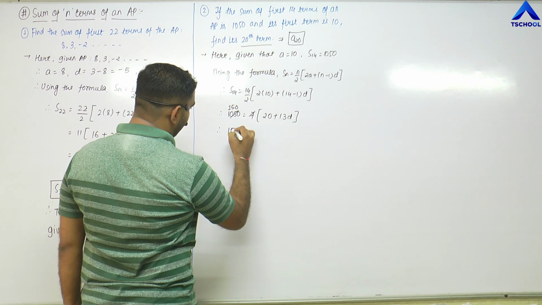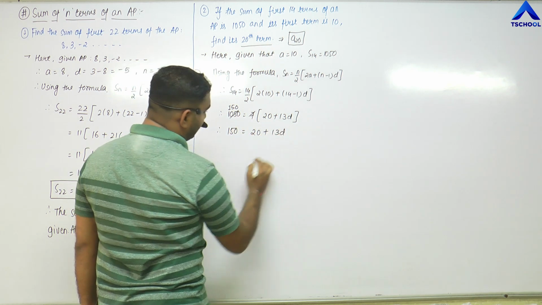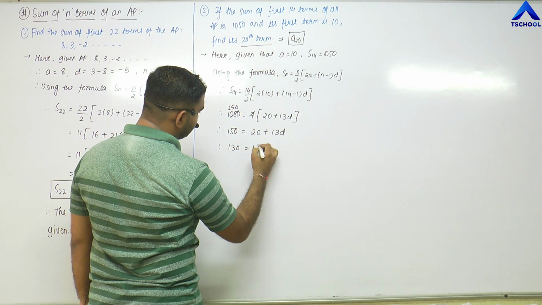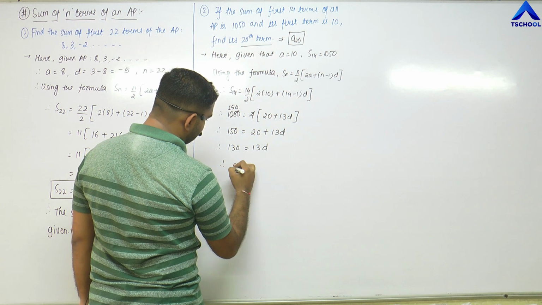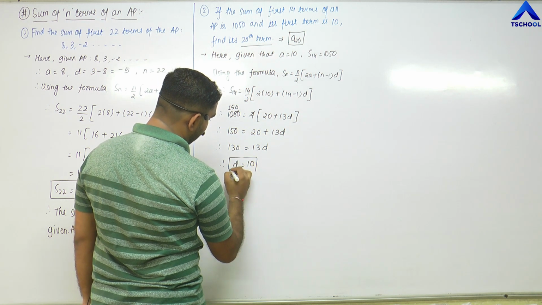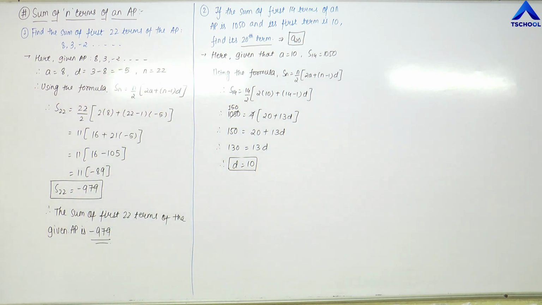Therefore 150 equals 20 plus 13d. Take this 20 here, that is 130 equals 13d, and hence we get d equals 10. So the common difference of the AP will be 10.